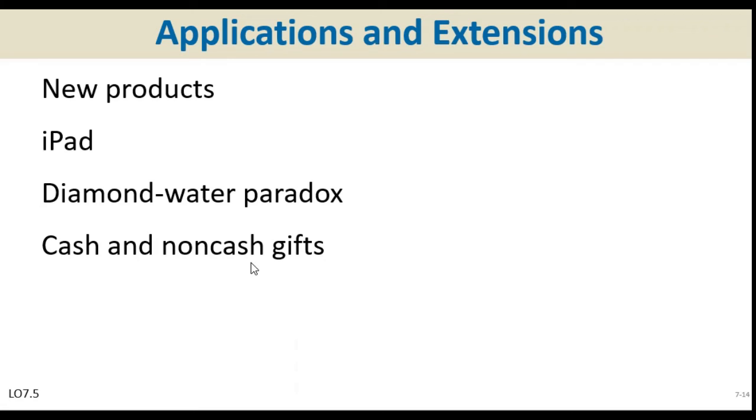Because the cash gives you flexibility to do your own purchases, to prioritize and choose your preference, because you know what you like better than the gifter. The non-cash gift narrows your flexibility, so that diminishes your utility. Your utility is not as high for the non-cash gift as for a cash gift.